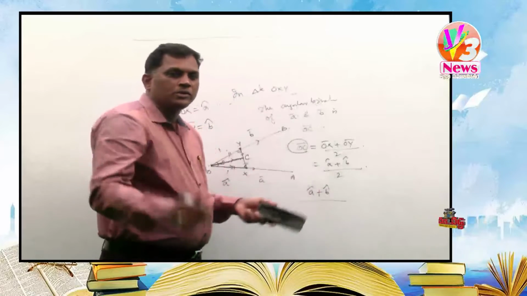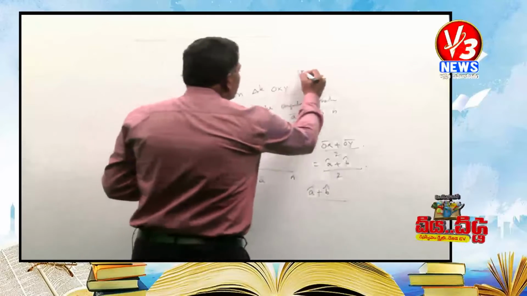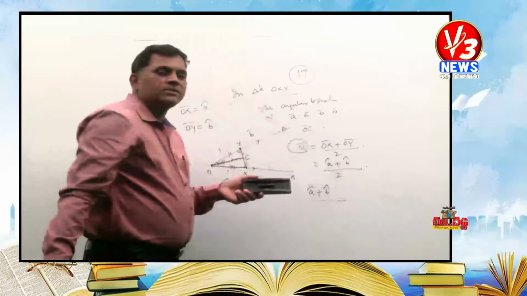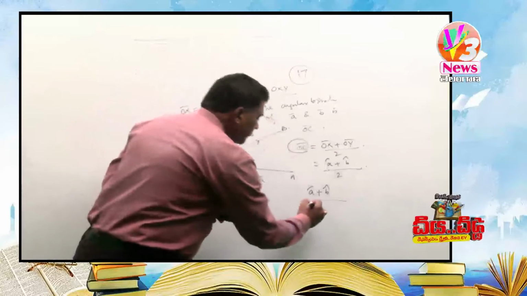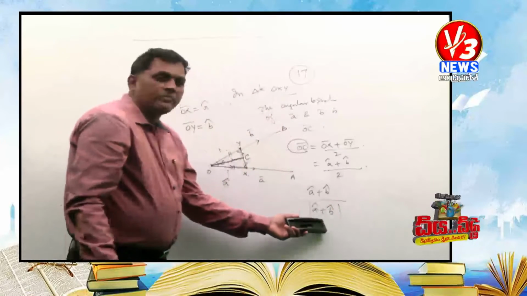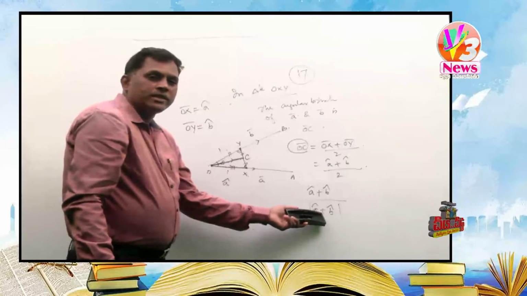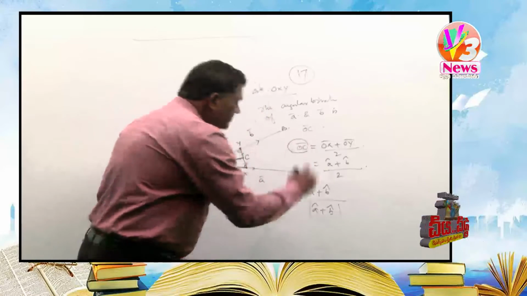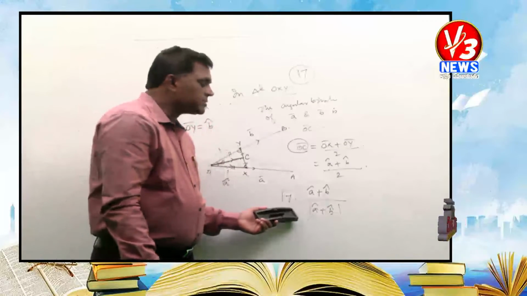So, this is about the angular bisector. Suppose an angular bisector of 17 units length is required in solving a problem. If you want 17 units, first divide this angular bisector vector by its magnitude, then we get the unit vector in this direction, multiply it by 17, and you get an angular bisector of length 17 units.